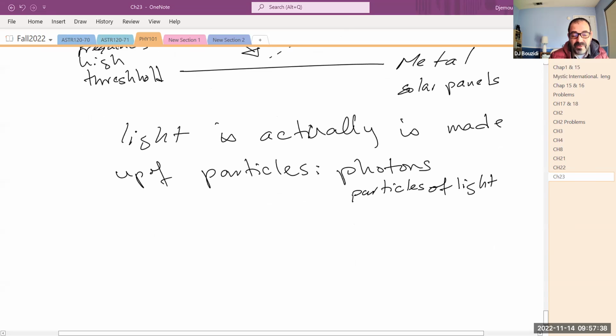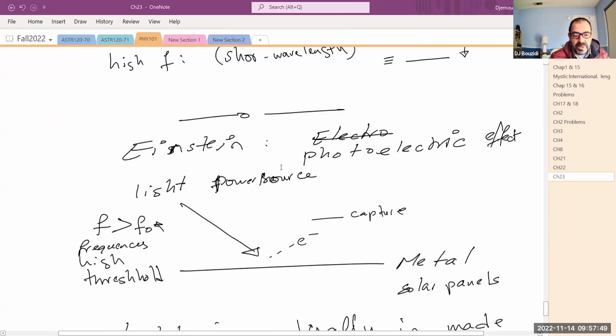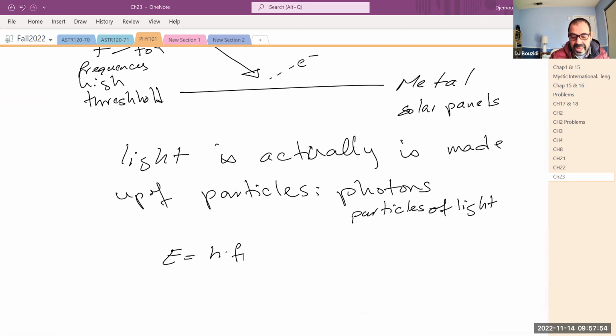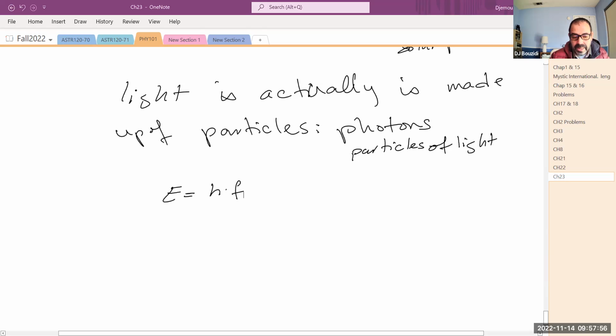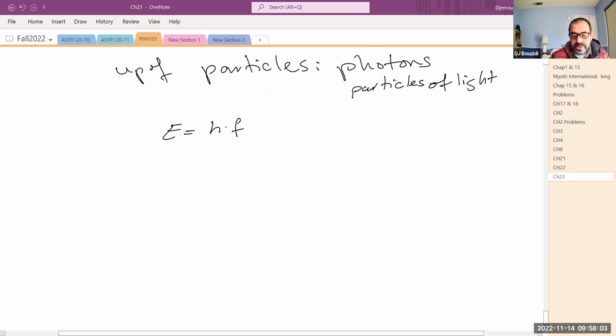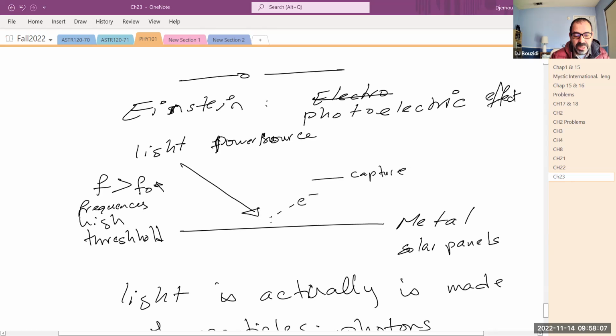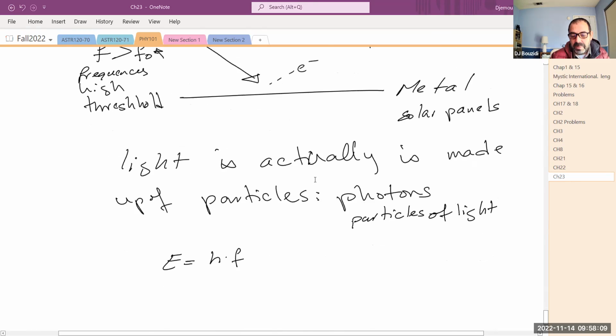So now, the photons that Mr. Einstein suggested have energy that is E = hf, depending on their frequency. Furthermore, they have momentum, okay? And that momentum is what causes the particles to collide with the electrons inside the atoms, and these electrons are going to be moved.